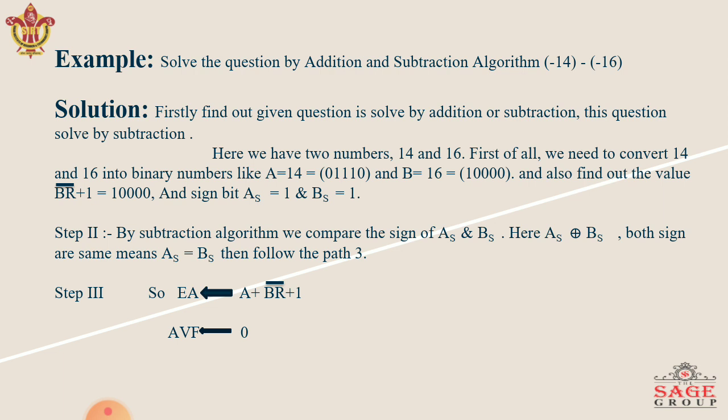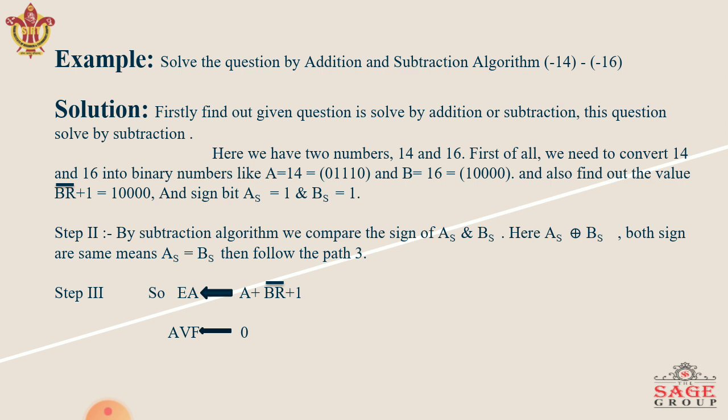Here we have two numbers, 14 and 16. First of all we need to convert 14 and 16 into binary numbers: A equal to 14 equal to 0 1 1 1 0 and B equal to 16, and the binary value of 16 is 1 0 0 0 0.